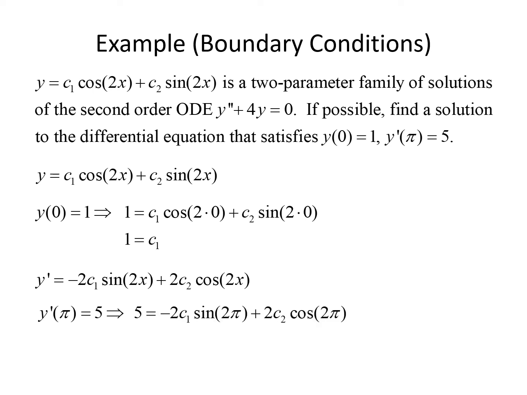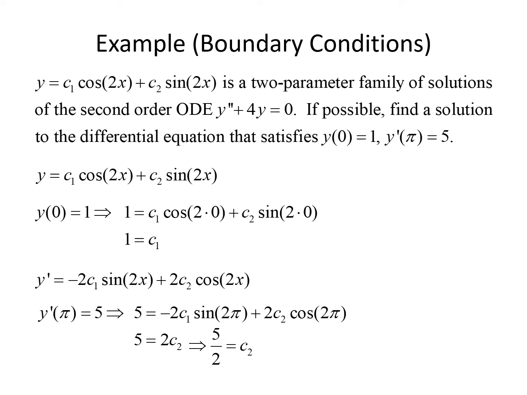That means when we plug pi in, we get 5 equals negative 2c1 times the sine of 2 pi plus 2 times c2 cosine of 2 pi. The sine of 2 pi is 0, so the first term will go away. And the cosine of 2 pi is equal to 1, so this simplifies to 5 equals 2 times c2. If we divide both sides by 2, we get c2 equals 5 halves.